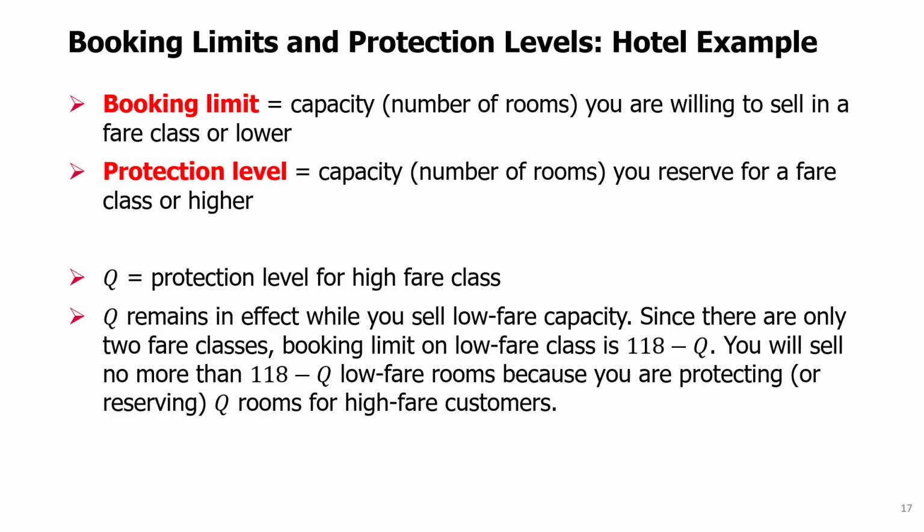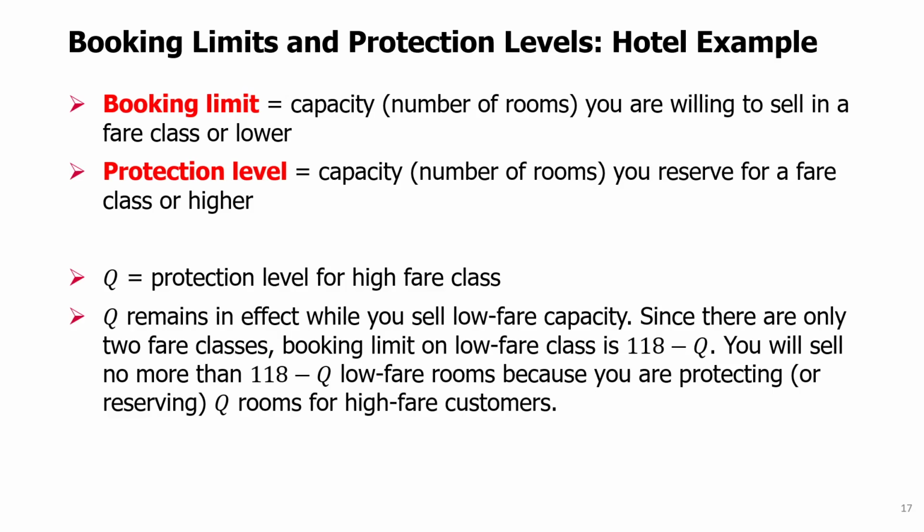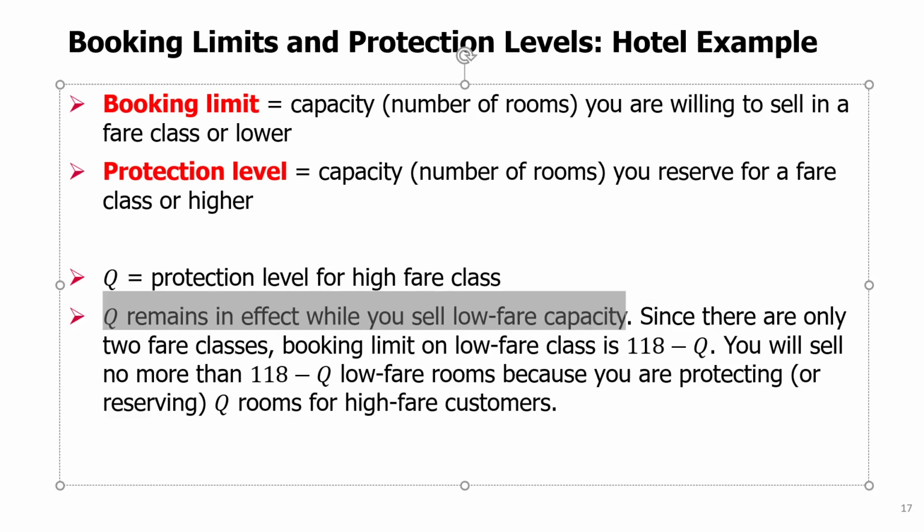So we will define our decision, Q, quantity, as the protection level for the high fare class. And the idea is as follows. We need to decide Q ahead of time, and it has to remain in effect while we sell the low fare capacity.